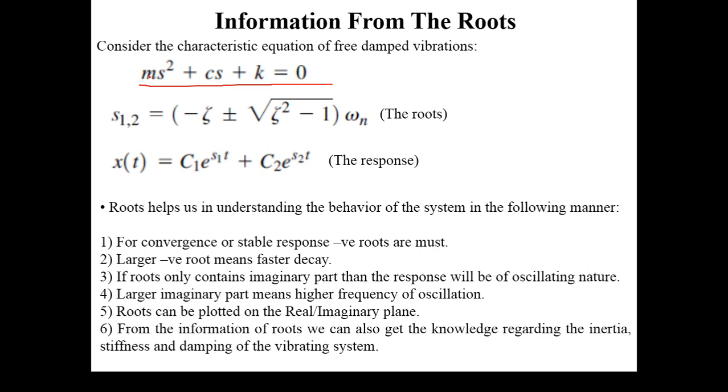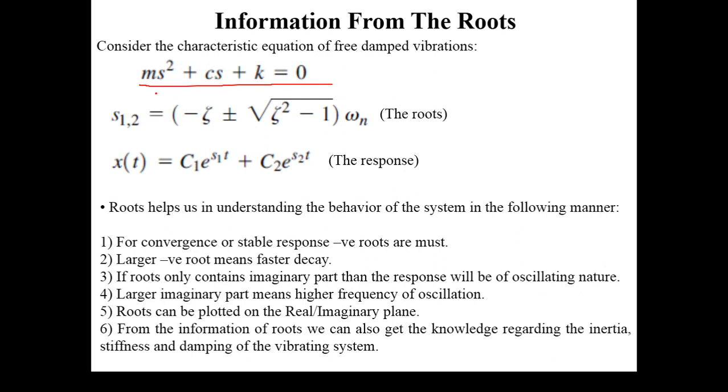Now this is a polynomial in s, and the constant appearing with s square is the inertia of the system. The constant that is appearing with the s term is the damping in the system, whereas k is the elasticity or stiffness property of the system.